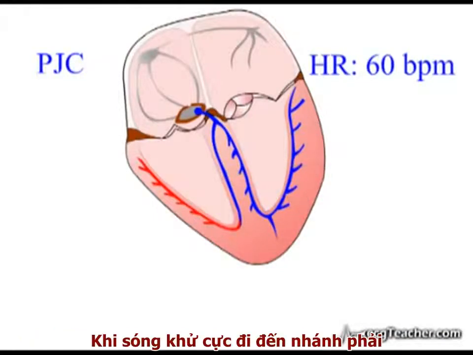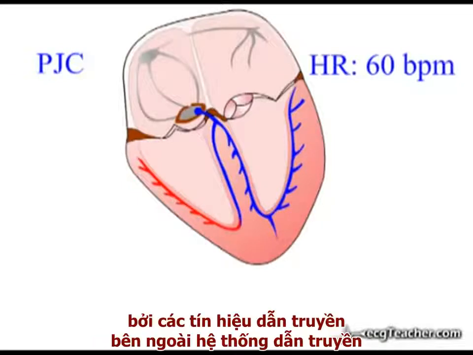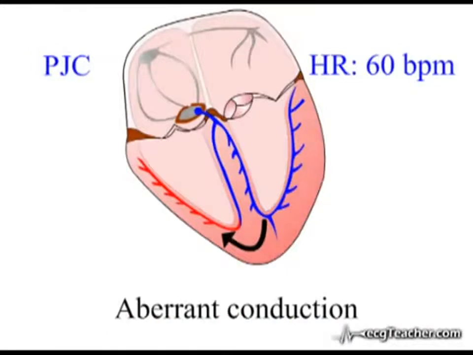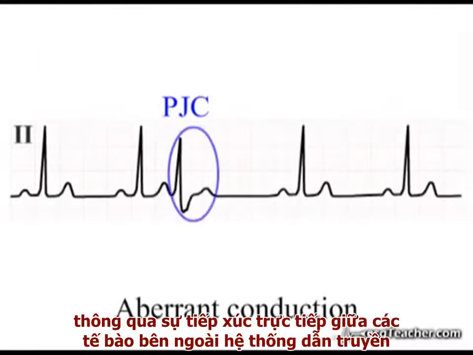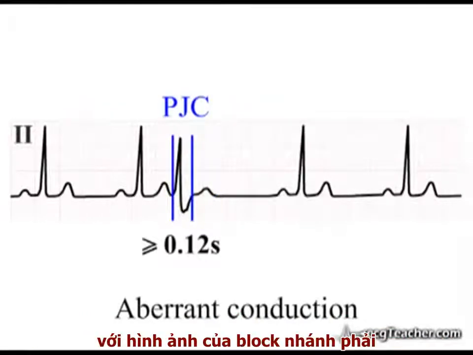However, once the premature depolarization wave encounters the refractory portion of the right bundle, the right side of the heart must be depolarized by signal traveling outside the conducting system. Aberrant conduction by direct cell-to-cell contact outside the conducting system results in a broad QRS complex with right bundle branch block morphology.